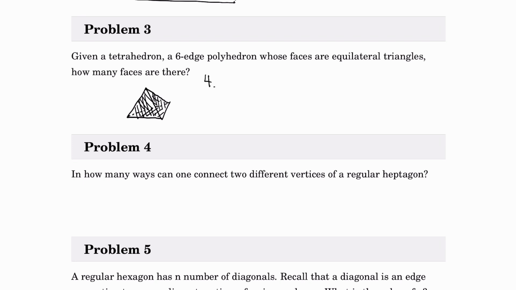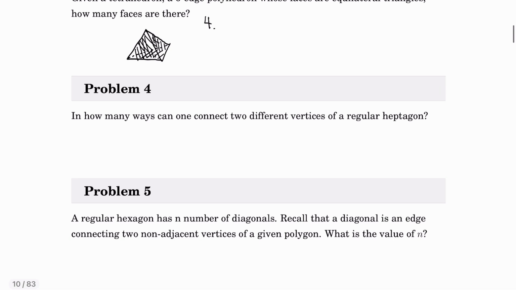Now, problem number 4, it says, in how many ways can one connect 2 different vertices of a regular heptagon? If you think about it, a regular heptagon contains 7 points. You draw the 7 points, 1, 2, 3, 4, 5, 6, and 7. You can label these.